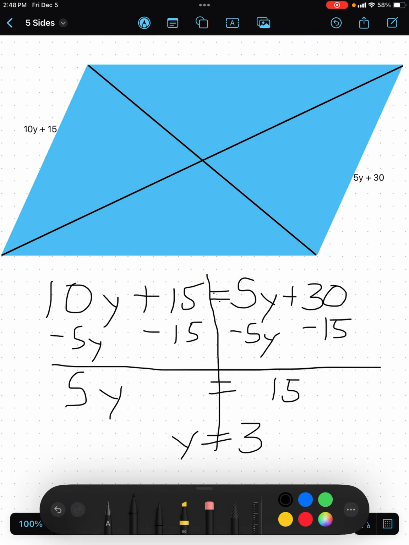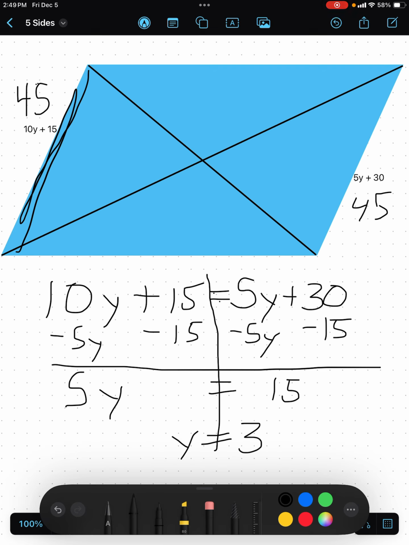and that is y. Now, if we were asked to plug that 3 in and actually get the length of these sides here, 10 times 3 is 30, plus 15 is 45, and then we would expect this side to also be 45. And if we do the math on it, it turns out to be.